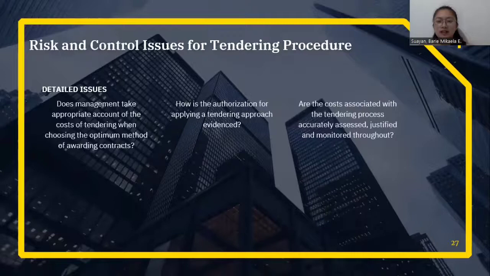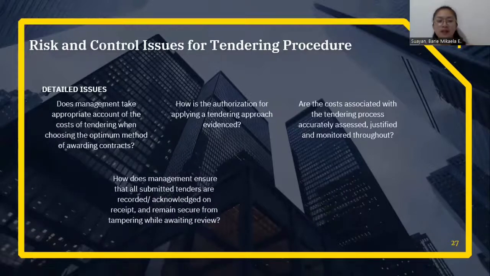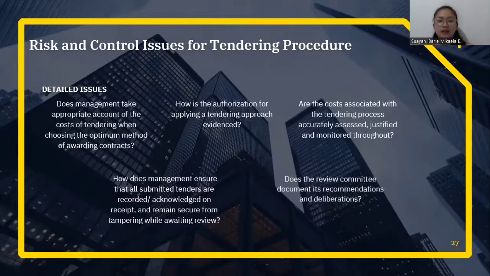Are the costs associated with the tendering process accurately assessed, justified, and monitored throughout? How does management ensure that all submitted tenders are recorded or acknowledged on receipt and remain secure from tampering while awaiting review? Does the review committee document its recommendations and deliberations?